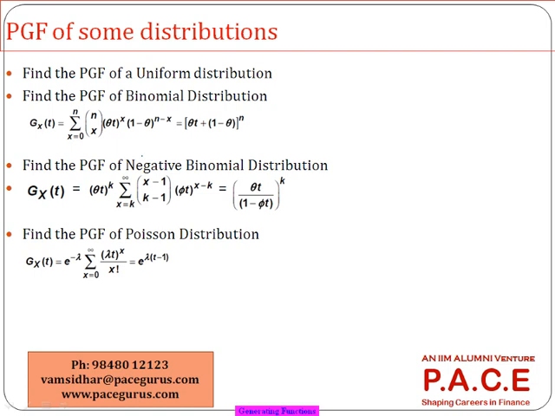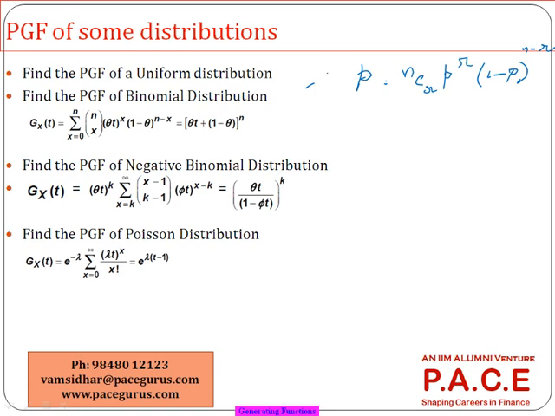Find the PGF for a binomial distribution. For a binomial distribution, we know what the probability is. The probability is nothing but nCr into p to the power of r into 1 minus p to the power n minus r. This is the typical probability function for a binomial distribution.